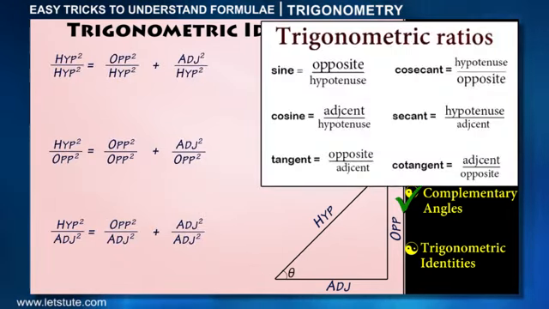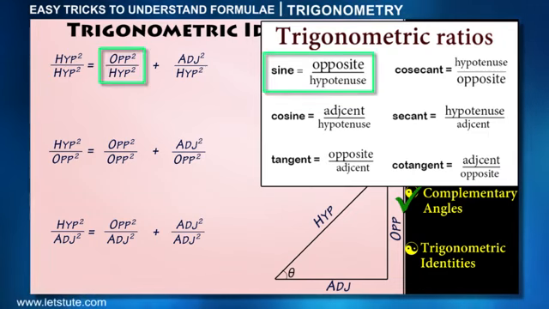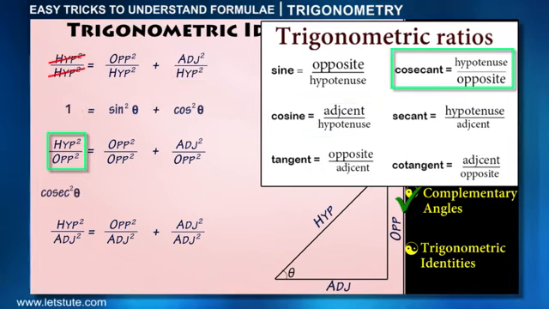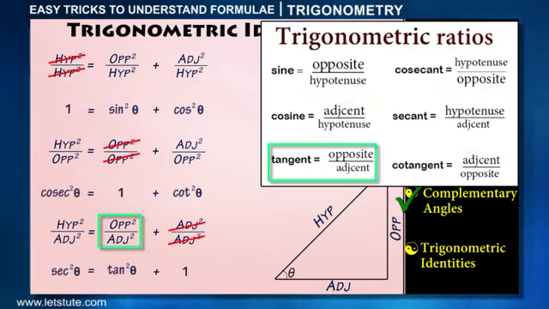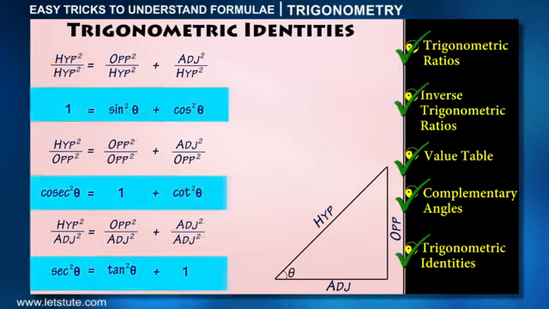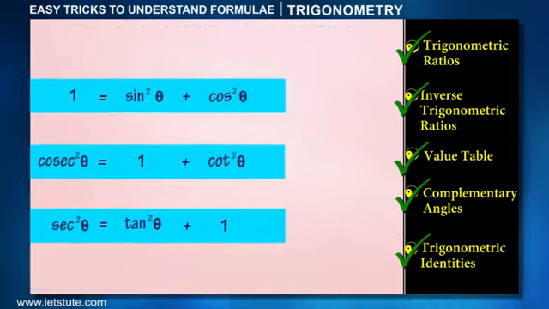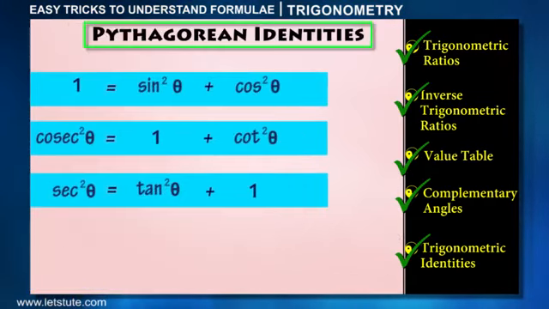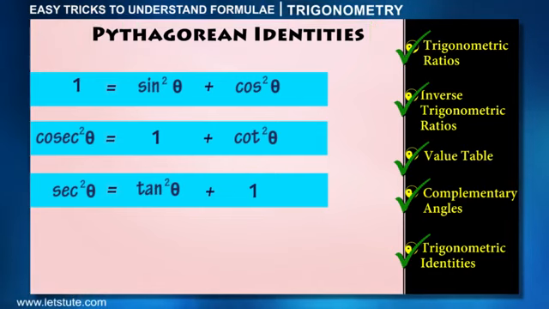And now, as we already know that this ratio is defined as sine, this is cos and then cosec, cot, sec and tan. So friends, since Pythagoras theorem is the initial step in getting these three identities, these are also called Pythagorean identities.